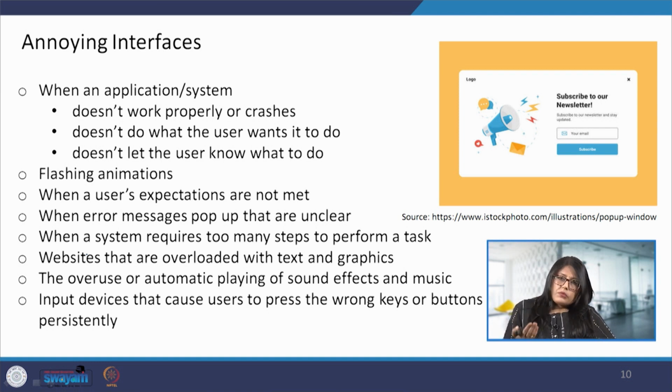Similarly, the overuse of sound, music, other things, and sometimes the way the keys, the buttons are organized, they may make the user more prone to pressing the wrong key unintentionally, and then it will lead to error. So these are some of the examples of annoying interfaces that one should keep in mind while designing and should not integrate in their design.